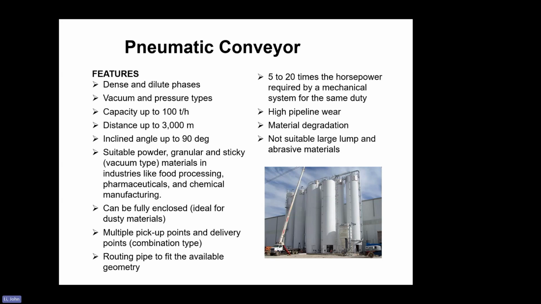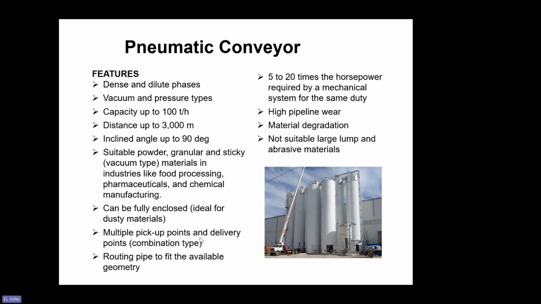You can pick up here, pick up here, but discharge can only be at 1 point. But for the pressure type, you can only have 1 pickup point, but you can deliver to like 30 or 10 hoppers, so you can at the same time discharge to more than 1 hopper.